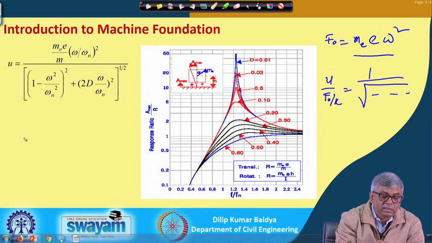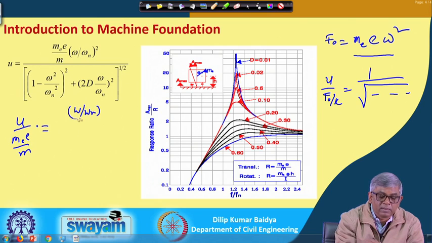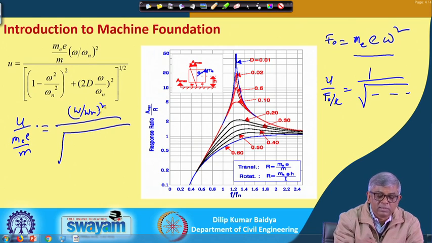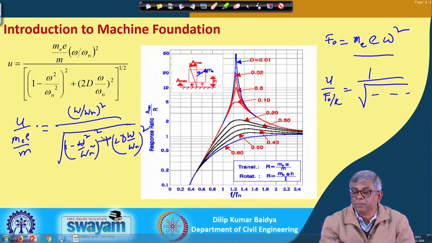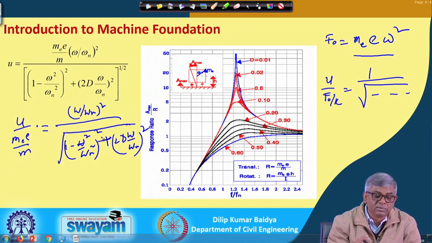But in this case it becomes u over (m e over M) equal to 1 over the square root of (1 minus omega square over omega n square) whole square plus (2 d omega over omega n) whole square. So, the magnification factor for the constant force system and the rotating mass system is a little different.